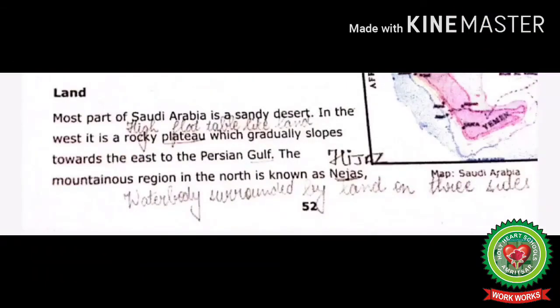Land: most part of Saudi Arabia is a sandy desert. In the west, it is a rocky plateau which gradually slopes towards the east to the Persian Gulf. Students, plateau is a high flat tableland and Gulf is a water body surrounded by land on three sides.